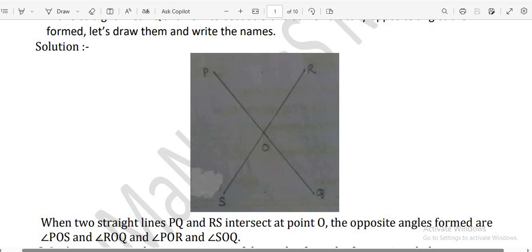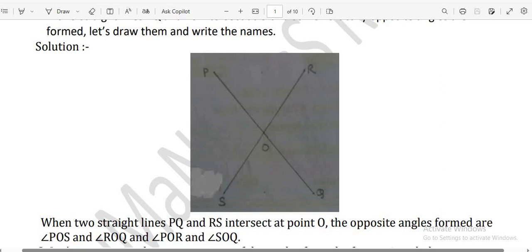It is given that PQ and RS are two straight lines. These two lines intersect at a point O, in the given manner to form a cross.